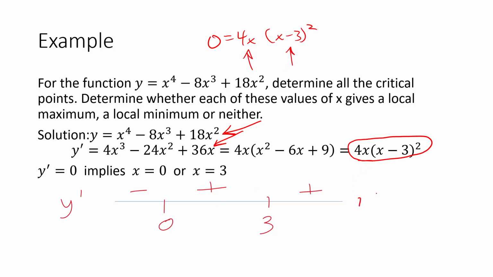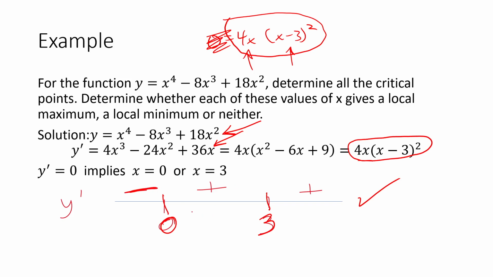So we create ourselves a number line, which we've done here, where we have a 0 and a 3 delineated on that number line. Now what we're going to do is take a representative number to the left of 0. It could be any number, so let's say negative 1. If we plug negative 1 in for x and calculate f prime of x, which is 4x times (x minus 3) squared, we will get a negative value.